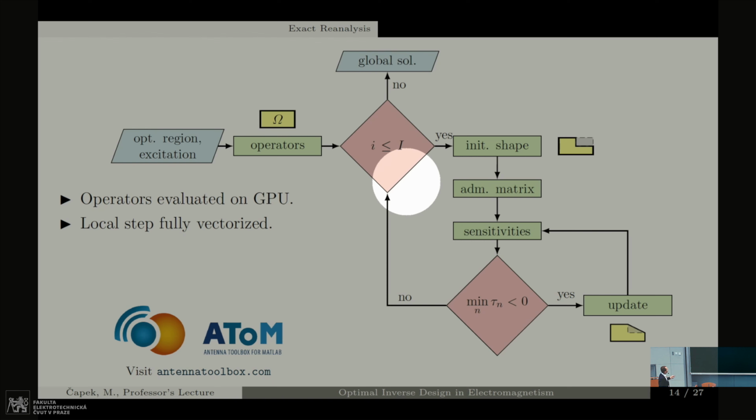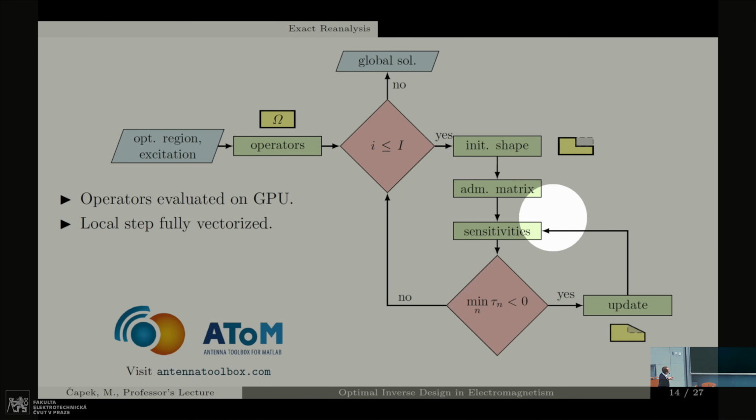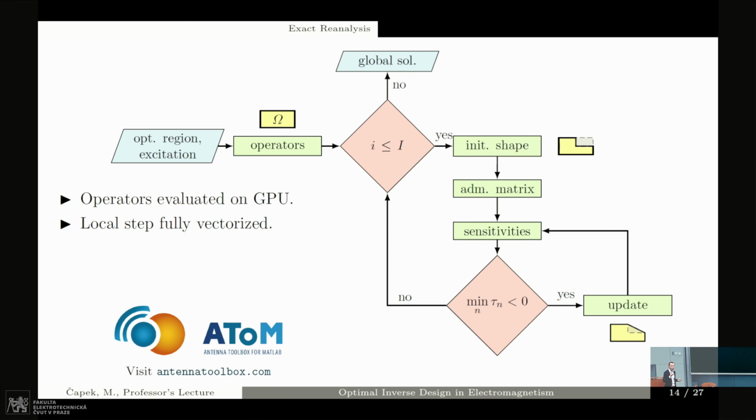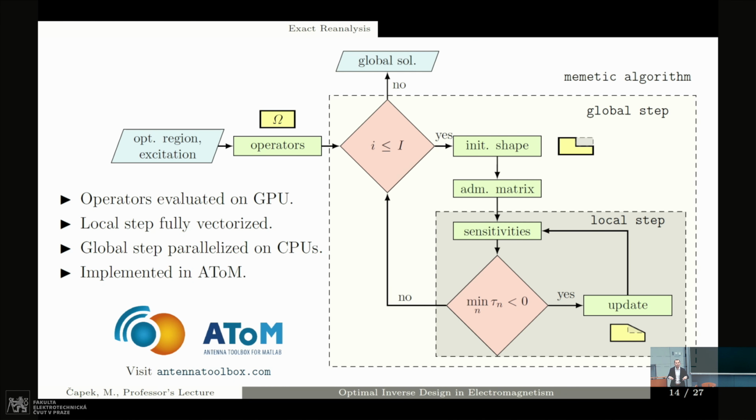Then there is the local algorithm. So we start with some particle shape, just take some initial seed. And very quickly, we go to the local minima, so we find a locally optimal shape. But of course, there are many local minima, as I said at the beginning. So over that, there is also a global step, which takes these locally optimal shapes and perturbs them somehow, mixes them, shuffles them, does something with them.